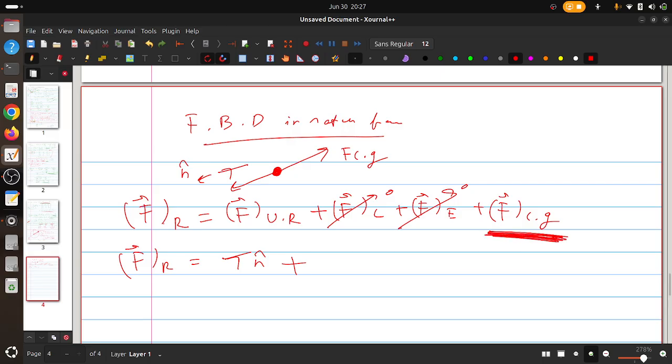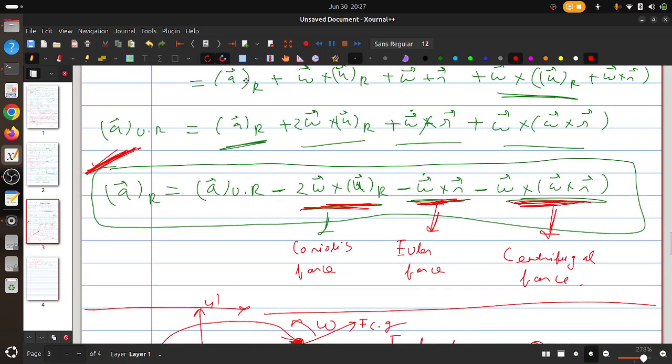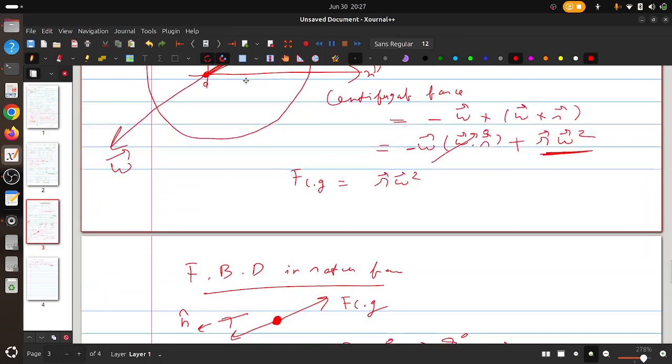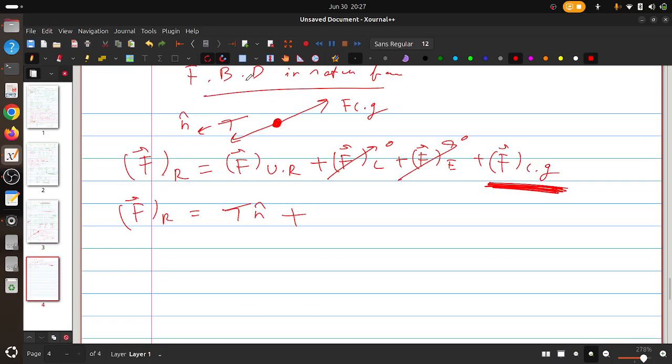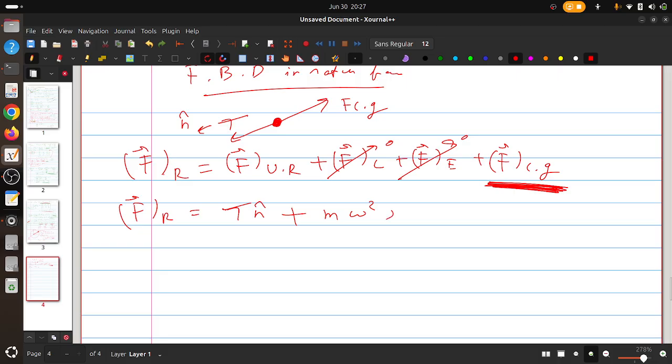So what is the F_CG exactly? F_CG should be m times this quantity, so m omega square r.